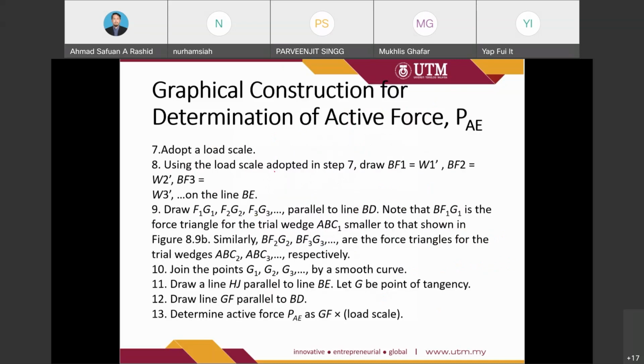So using the load scale adopted in step 7, draw BF1, which is equal to W1 prime, BF2 equal to W2 prime, BF3 equal to W3 prime on the line BE.